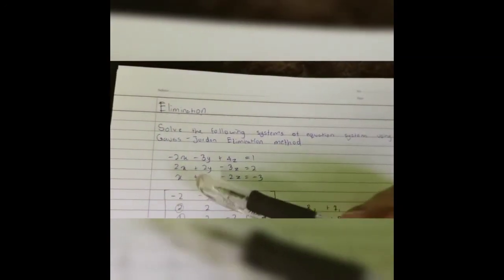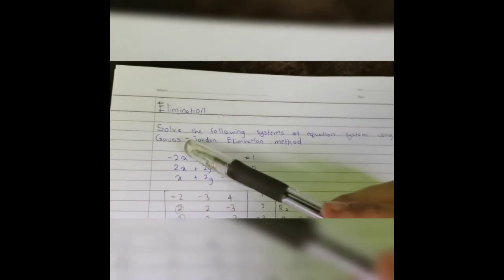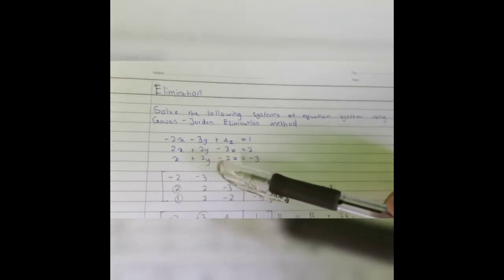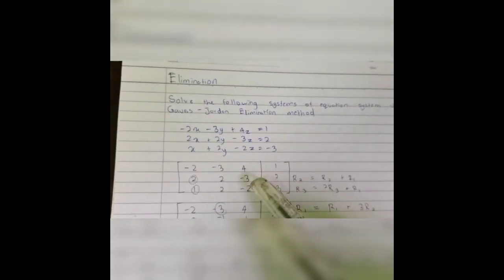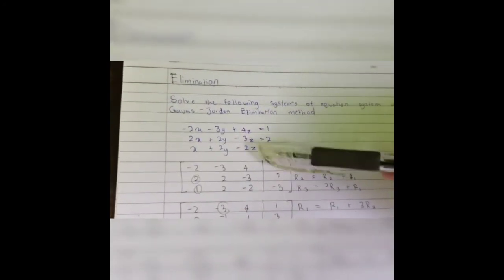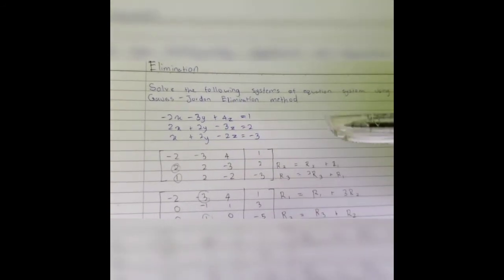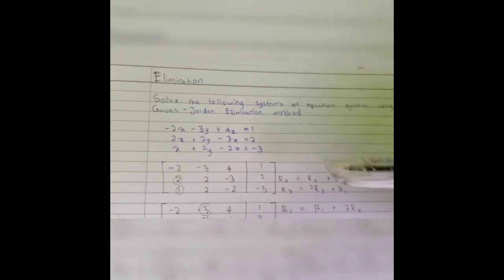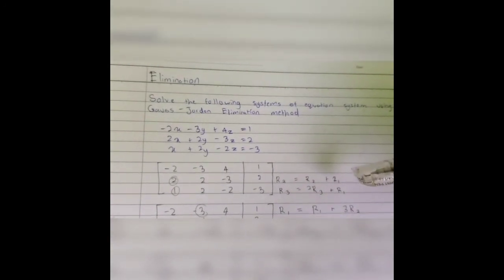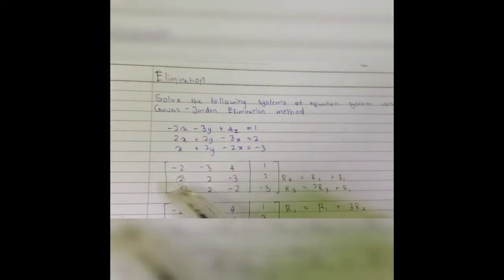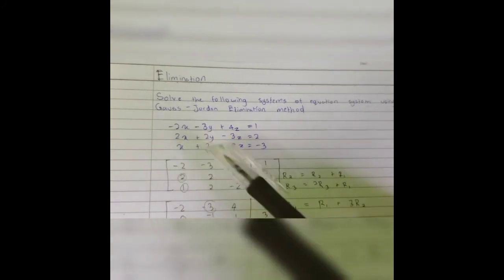So we take the coefficients of the variables and the constant values only, and put them in matrix form like this. We take the equals to and put it beside it. It's similar to the ERO method. We need to make the left side the identity.